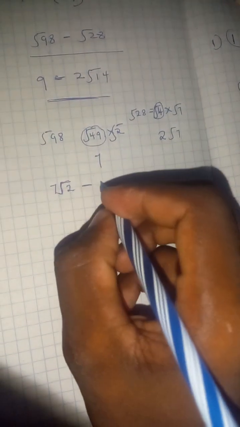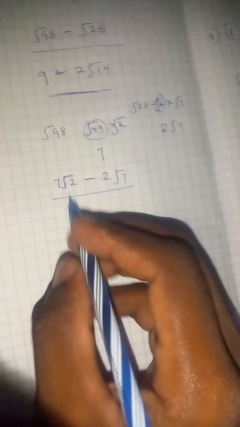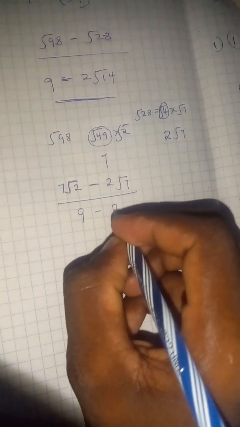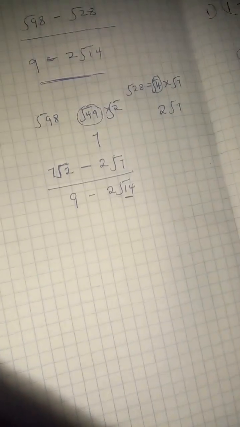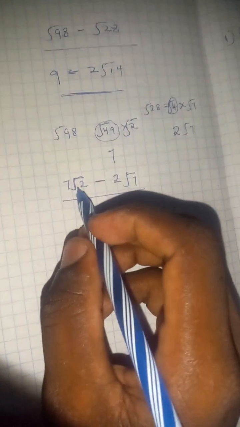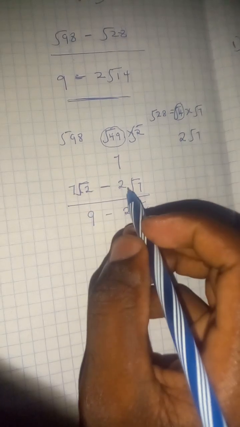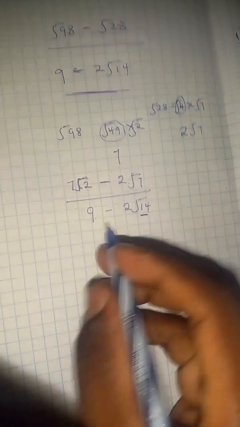The denominator is 9 minus 2 root of 14. Root of 14 cannot be simplified further. So your answer will be 7 root of 2 minus 2 root of 7, divided by 9 minus 2 root of 14.